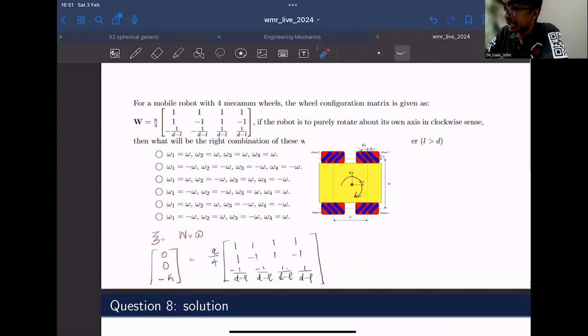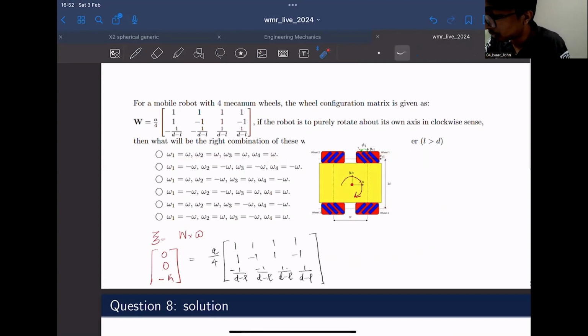So what are these options actually? The first option says omega 1, omega 2, omega 3, omega 4 as omega, omega, omega, omega. So if all four wheels are moving in the same direction with same magnitude, what will happen? Obviously it will go forward, right?